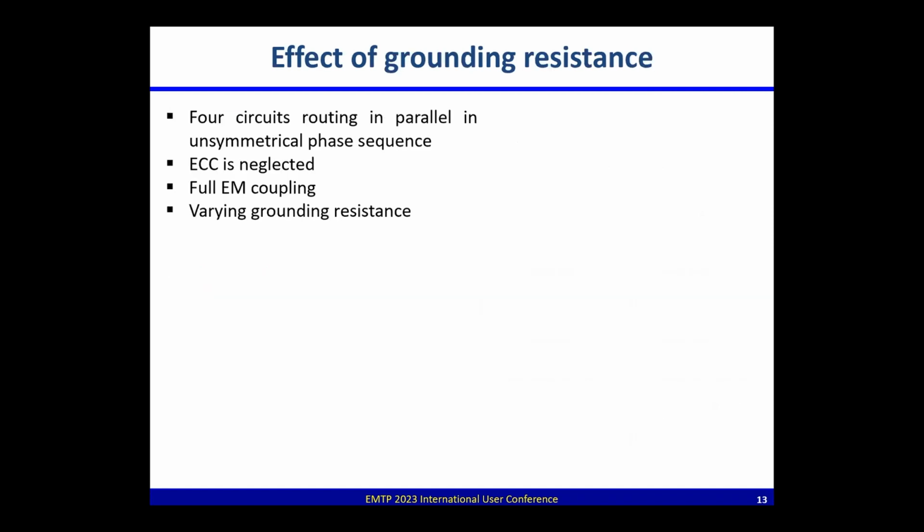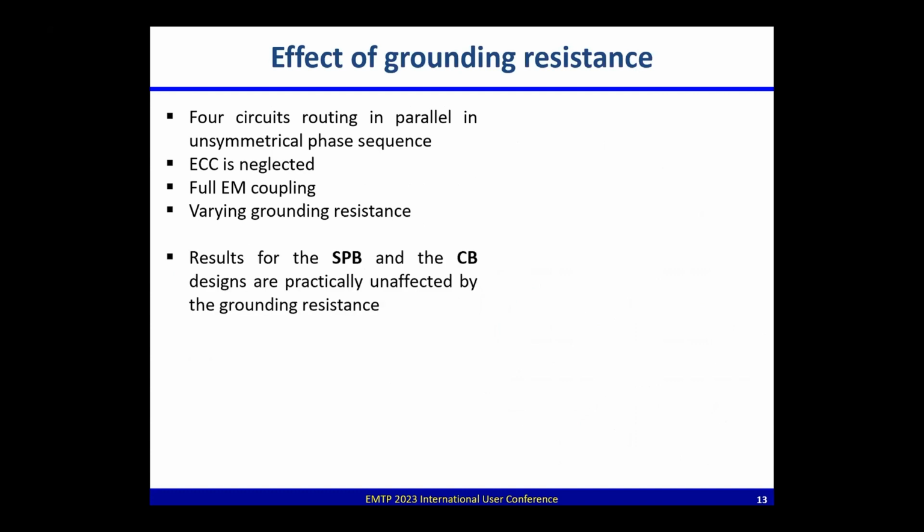Also, we have investigated the grounding resistance. This is for the substation at the ends. So we have assumed 4 circuits routing in parallel in the asymmetrical phase sequence. The ECC is neglected here, and we have a full electromagnetic coupling and varying grounding resistance. The results for the single point bonding case and the cross bonding designs are practically unaffected by the grounding resistance.